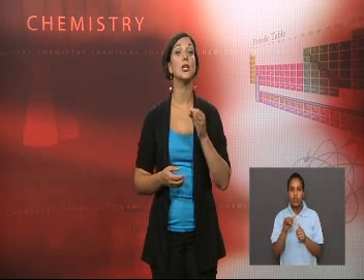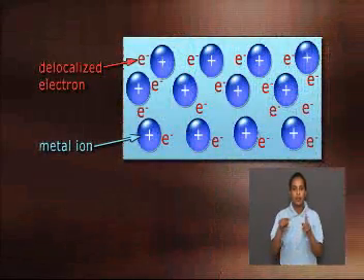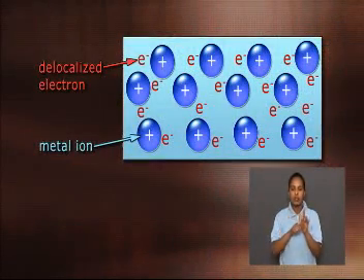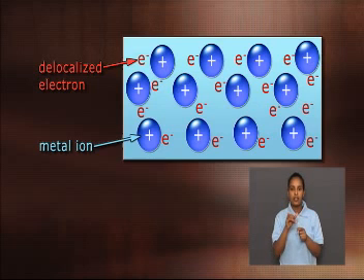Students, I am sure you recall that delocalized electrons are electrons in a molecule or solid metal that are not associated with a single atom or covalent bond. These electrons are also referred to as conduction electrons. The positive metal ions are also referred to as kernels.